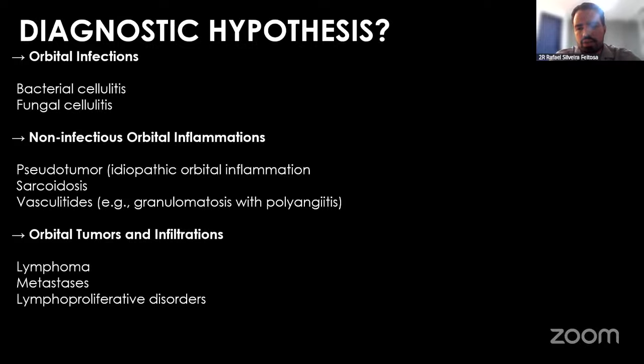Regarding noninfectious orbital inflammations, we could think of idiopathic orbital inflammation, also known as pseudotumor, sarcoidosis, or vasculitis. These conditions can present with orbital swelling and pain, but usually lack the rapid necrosis and tissue destruction observed in this case. Finally, orbital tumors or infiltrative lesions, including lymphoma, metastasis, or other lymphoproliferative disorders, may occasionally simulate inflammatory presentations, although they tend to evolve more insidiously.